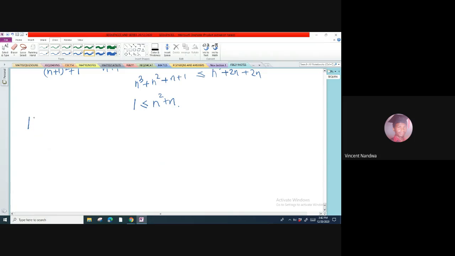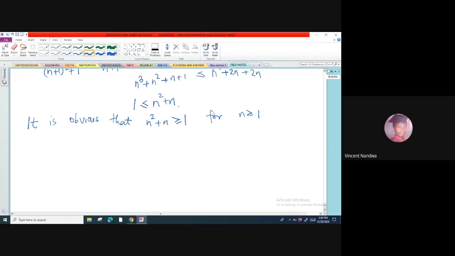So it should be obvious to everyone that n squared plus n must be greater than or equal to 1 for n greater than or equal to 1.